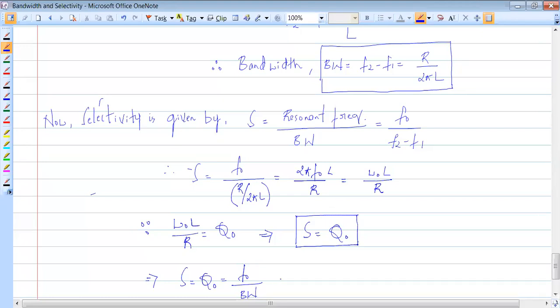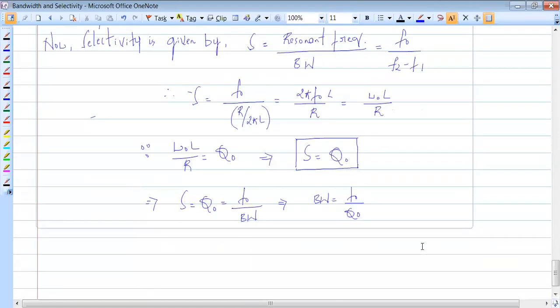Understand that? Now, see what is bandwidth? So bandwidth is f naught by Q naught. What is important here? Selectivity and quality factor are equal, quality factor at resonance.